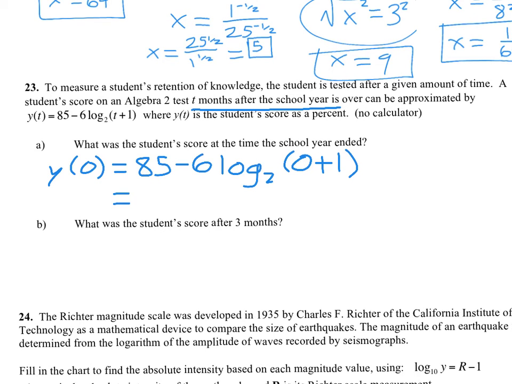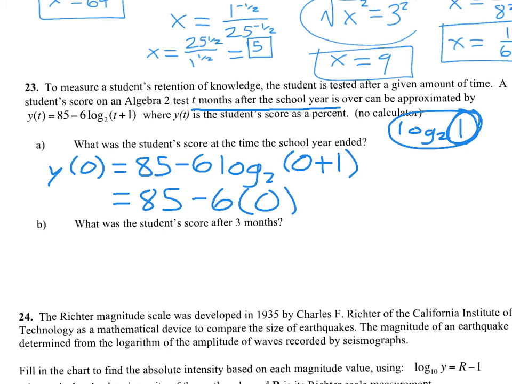I need to ask myself, what exponent turns 2 into 1? So off to the side, I want to solve this. What exponent turns 2 into 1? Well, anytime you have a 1 in the argument, the answer is 0. 2 to the 0 is 1. So this is going to be 85 minus 6 times 0.